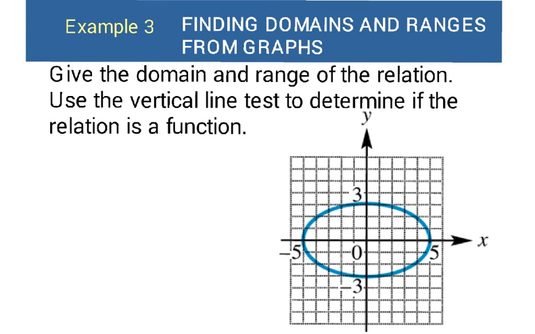Next, so here we have, it says give the domain and range of the relation, use the vertical line test to determine if the relation is a function. Well, here, let's look at the domain. It begins here and covers the x-axis from negative 5 to 5.